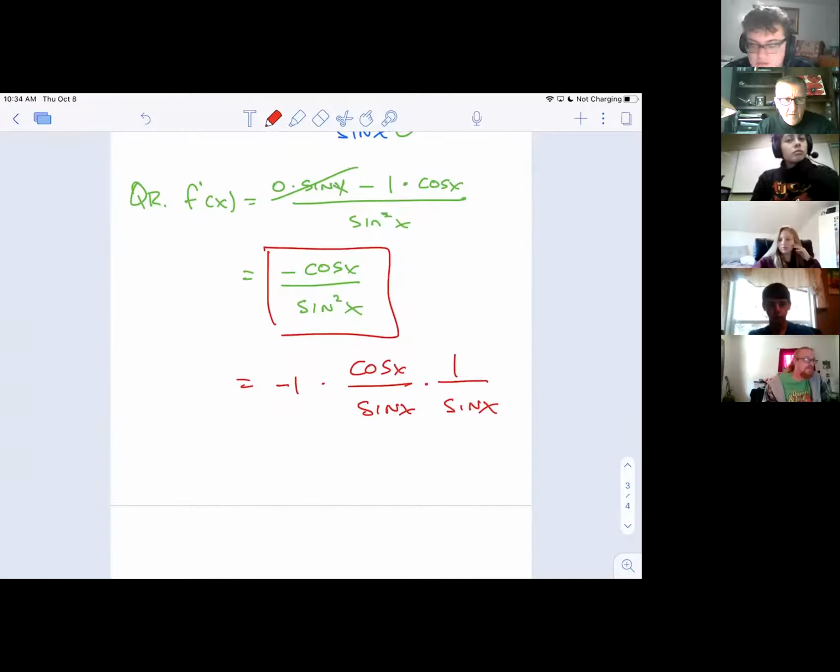If I think of that as a fraction multiplication problem where it's all been multiplied together, now I'm just going to move it back apart. There's a cosine over a sine. Cosine over sine is cotangent, and then 1 over sine is cosecant. So there's another answer to this.